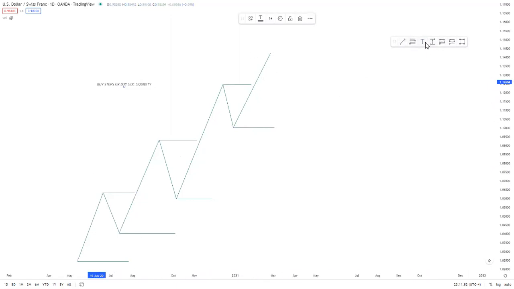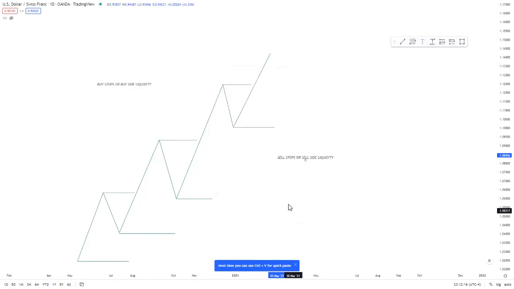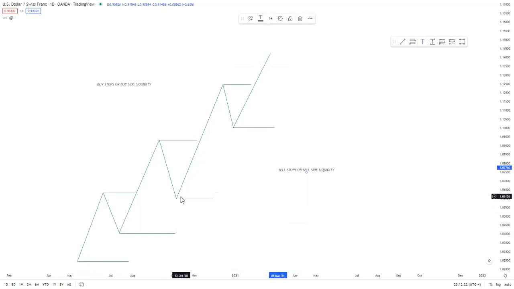So we have something called sell stops too, or sell side liquidity, which means all these lows that you are seeing, we have sell stops at that low, right?